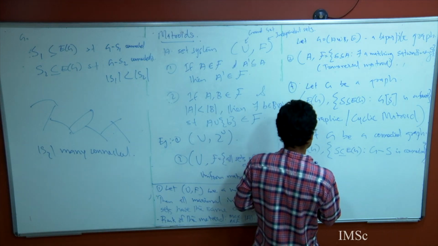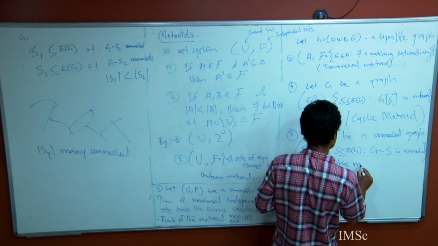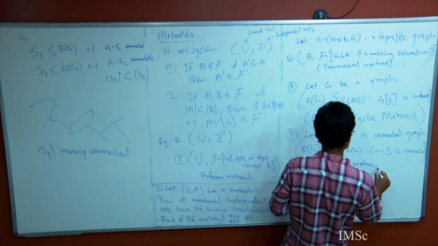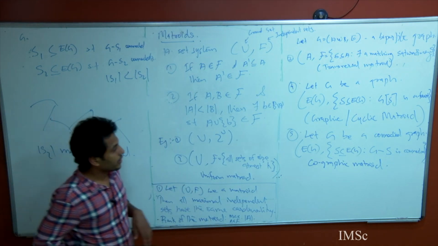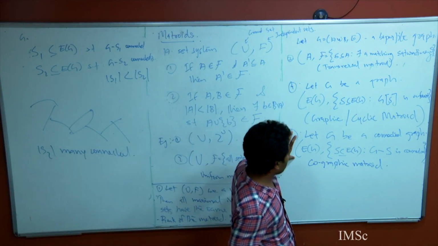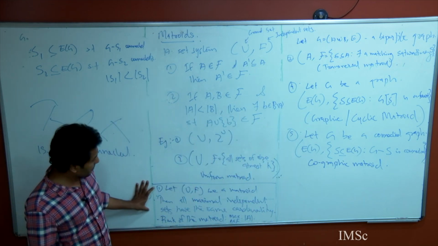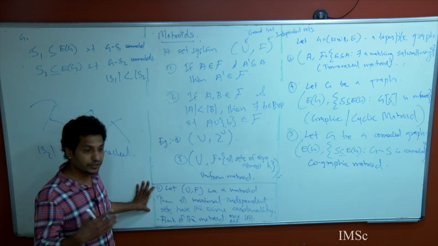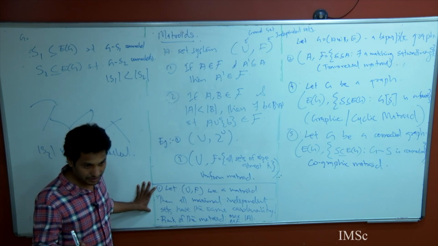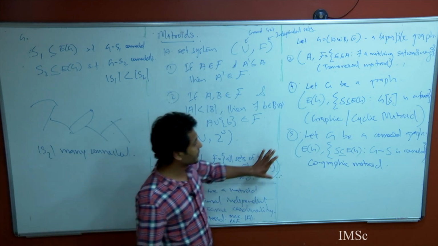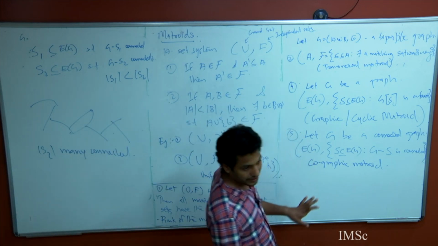And this is called the co-graphic matroid. Look at a maximal, okay, I just forgot to say one word. A maximal independent set in a matroid is also called a basis of a matroid, okay. Look at a basis of this matroid. What does it mean?